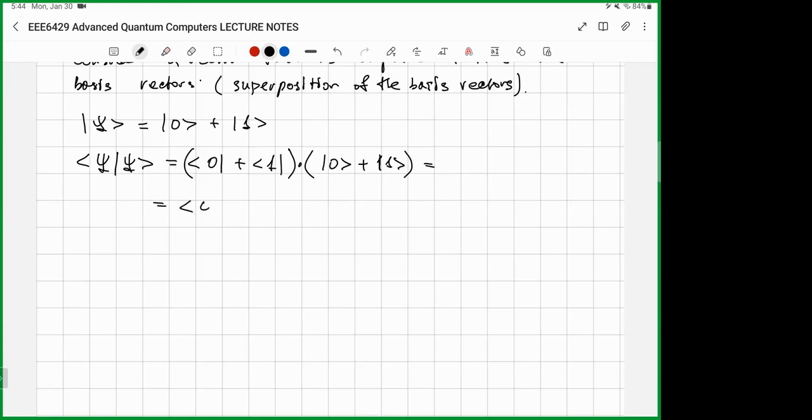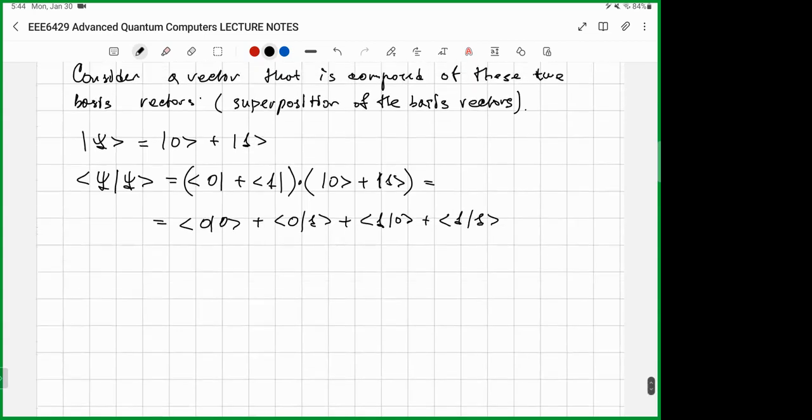What I get is the inner product of 0 with 0, plus 0 with 1, plus 1 with 0, plus 1 with 1. Not vectors, the terms, the components.